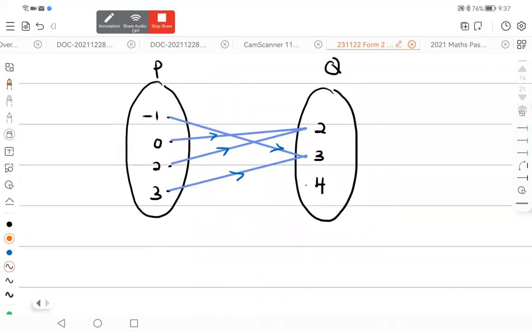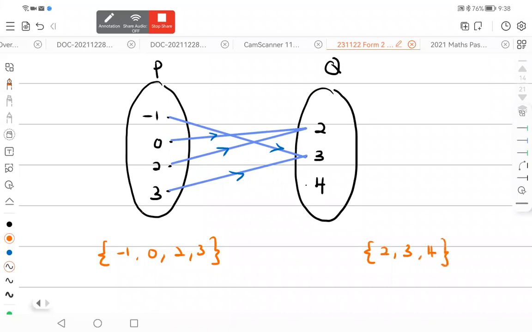So the domain, with the set notation, list down the elements: -1, 0, 2, and 3. Then what about codomains? Codomain is on the right side: 2, 3, is it including 4? Yes, including 4 also.